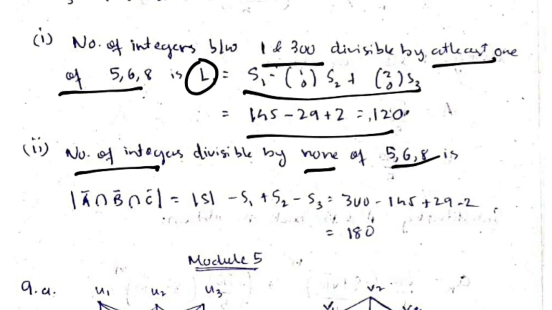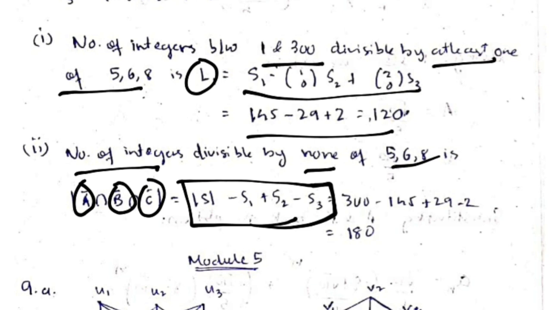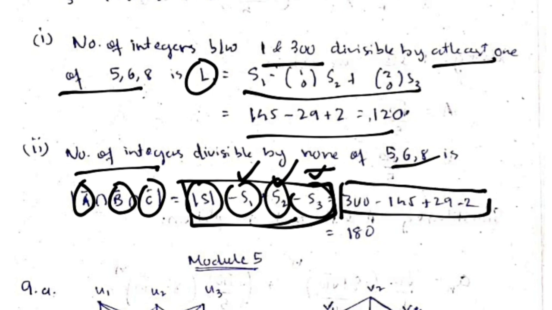Okay, that means none of 5, 6, 8 means A bar intersection B bar intersection C bar. So that has this formula: total set minus S1 plus S2 minus S3. We will just substitute the values of S here and find the answer here.